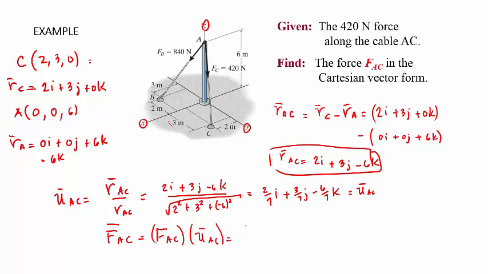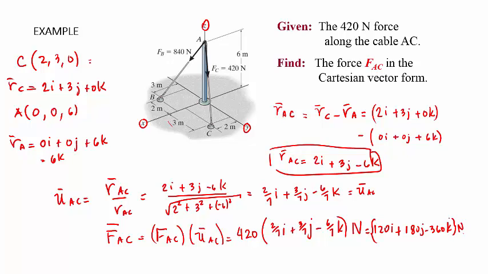So this would be 420 times 2 over 7 i plus 3 over 7 j minus 6 over 7 k, and this of course are newtons, so my vector is 120i plus 180j minus 360k, and of course these are newtons. So that's the first thing.